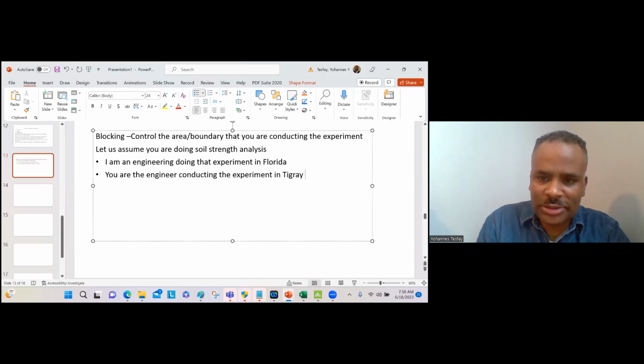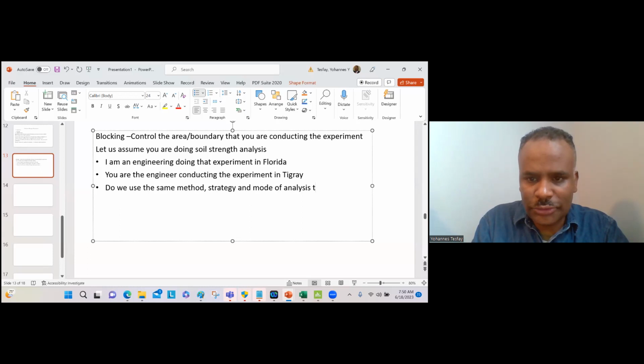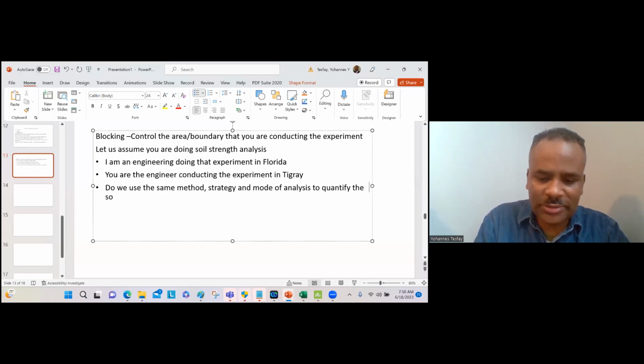The question is, do we use the same method, strategy, and mode of analysis to quantify the soil strengths?